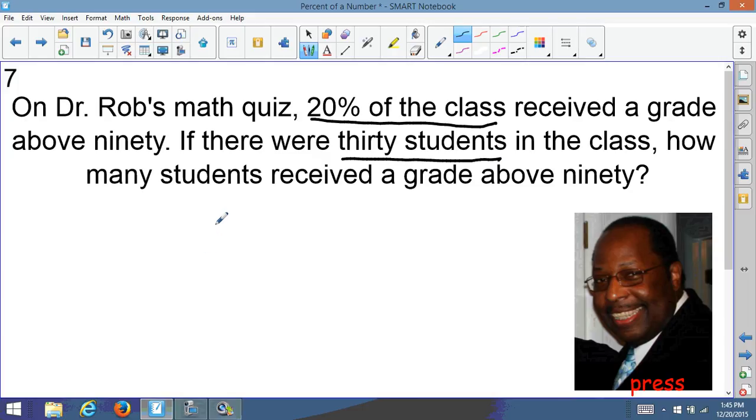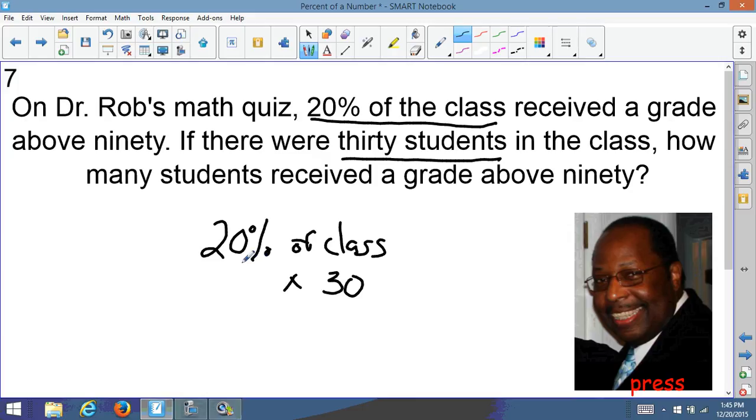So we're really saying 20% of the students, and that would be 20% of the class of students. That would be 30 students in the class. So of, we know most times means multiply.